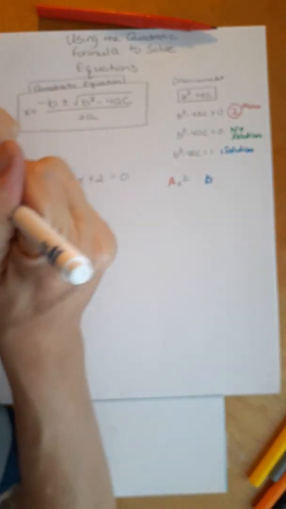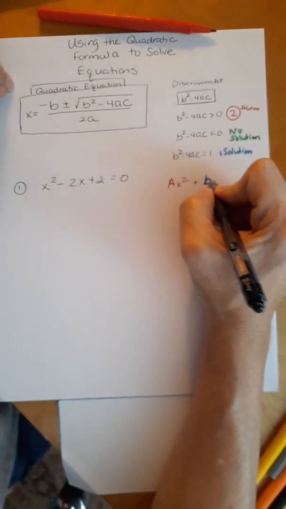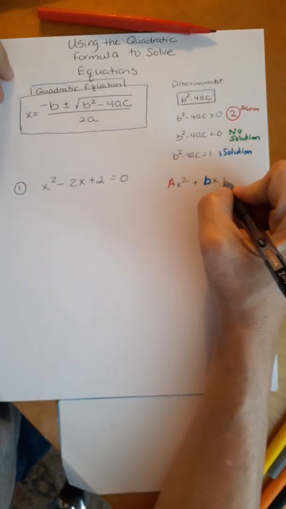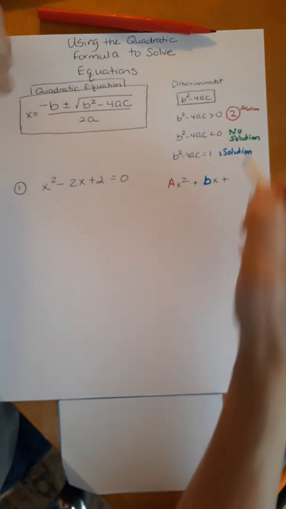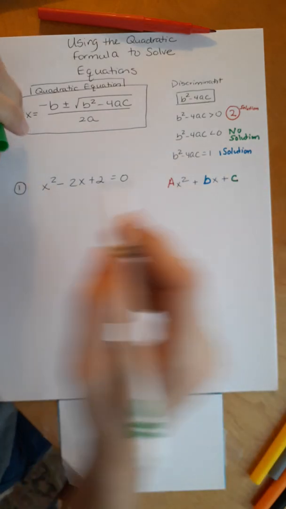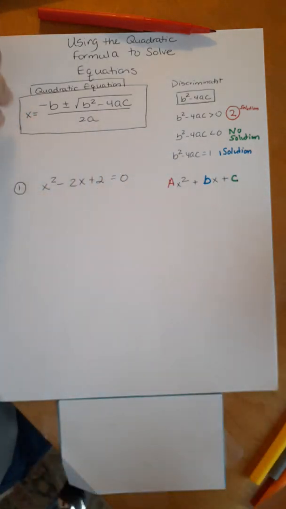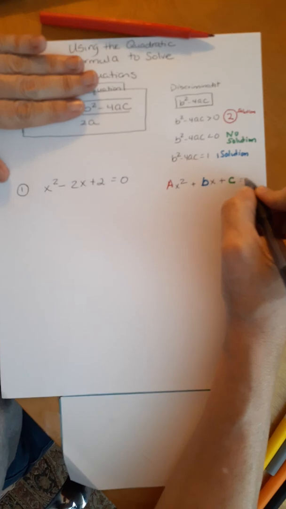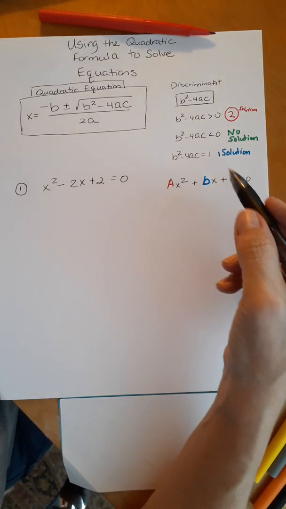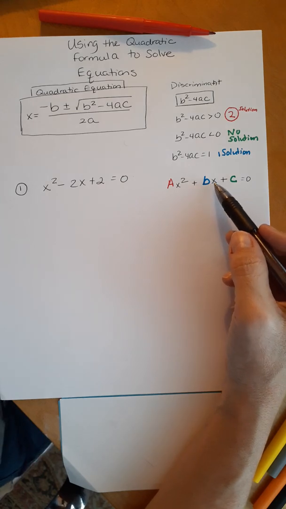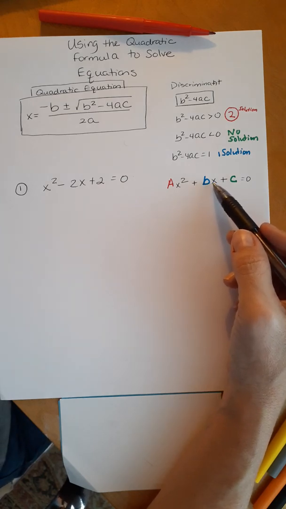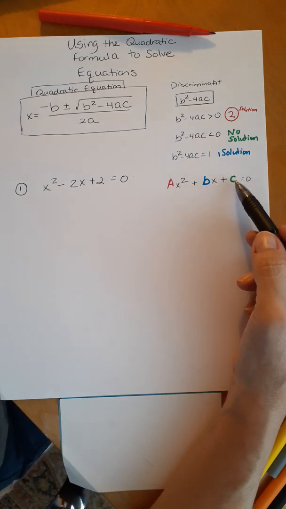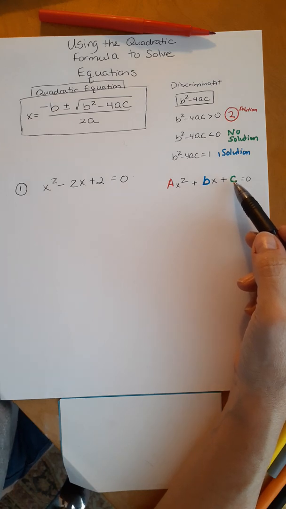B, let me put this here, x plus, and this is your C right here, okay? So that's where it's coming from. I'm going to put this equal to 0, which you have seen quite a few. A is the coefficient in front of the x squared, B is the coefficient in front of the second term, the x to the 1 power, and C is just the number that you have there, the constant.